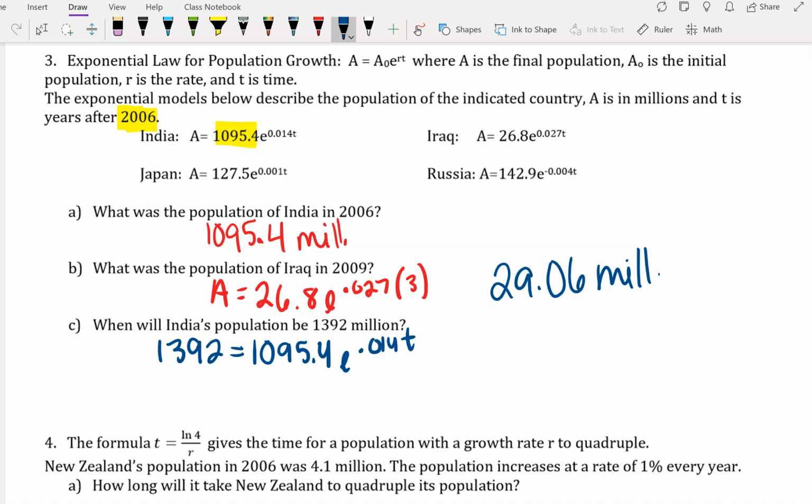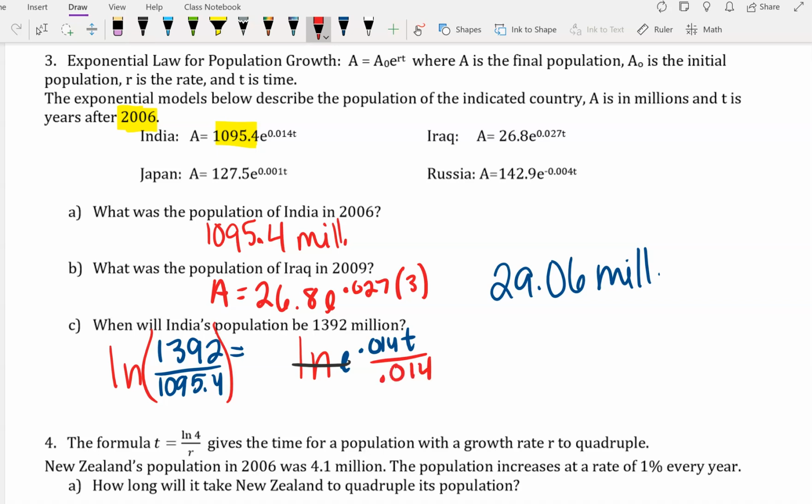Like always, we need to isolate e before we do anything, so I'm going to divide away the 1095.4. So I'm just going to erase that because I divided it away. Now I natural log both sides so that I can cancel out the e. So that canceled out the e. And last but not least, to solve for t, I divide both sides by 0.014.